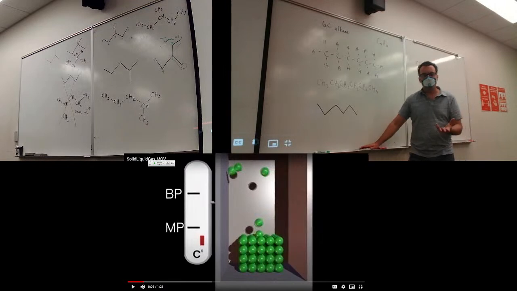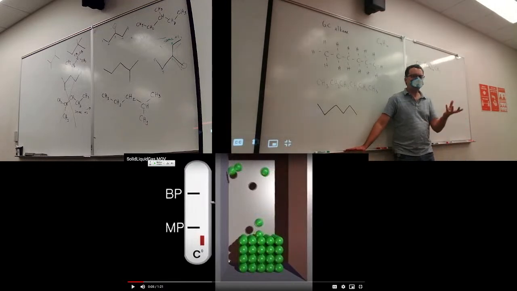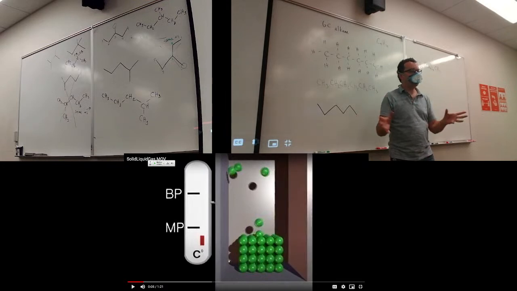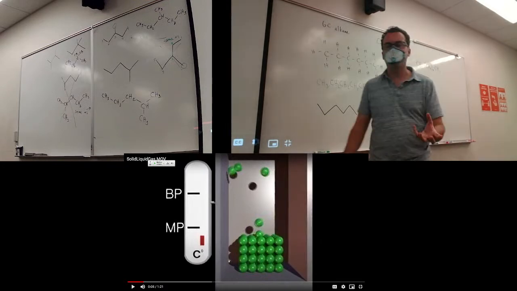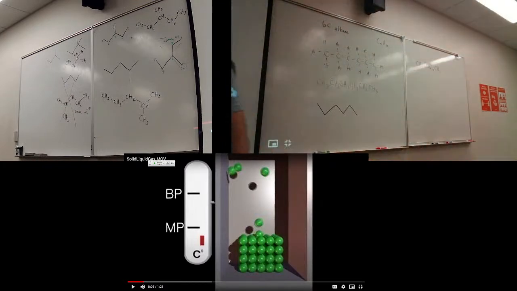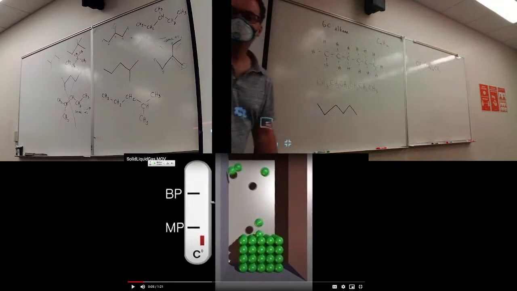And the best proof I can give you is what happens when you leave your ice cube trays in your freezer for too long. The ice will just slowly disappear. And that's because the solid water is turning into a gas over a long period of time. So every solid, at a different rate, will slowly emit gas particles, and that's where these gas particles are coming from, even though it's at a temperature where it should be a solid.